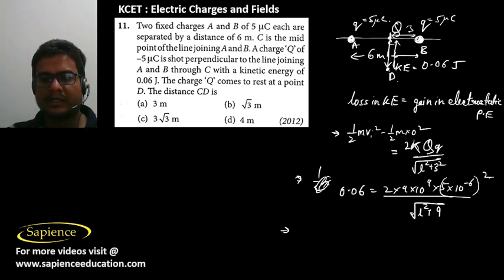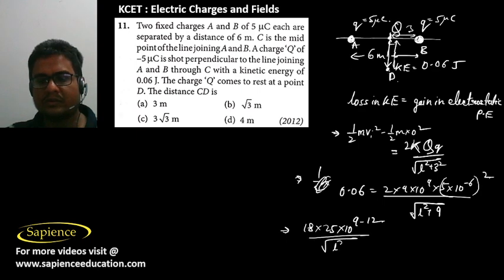Say this is 18 into 25 into 10 power 9 minus 12 divided by square root of L square plus 9.